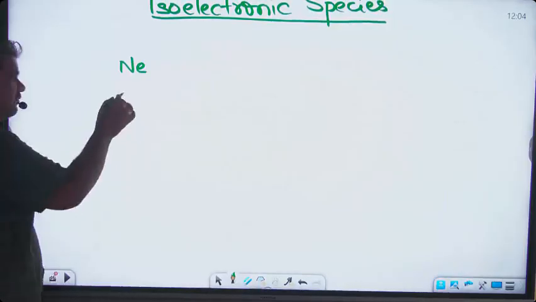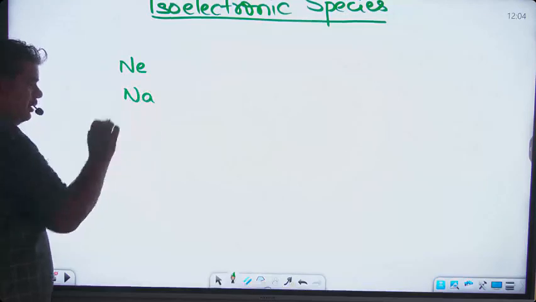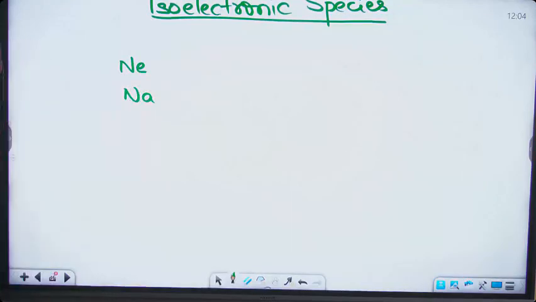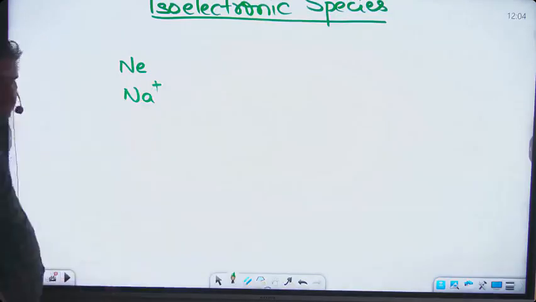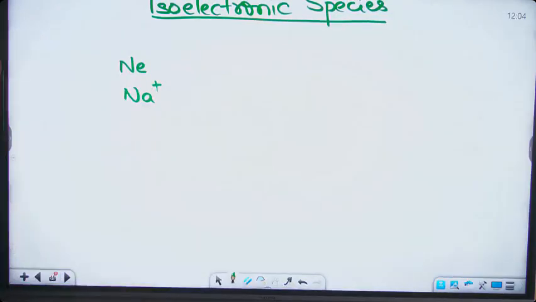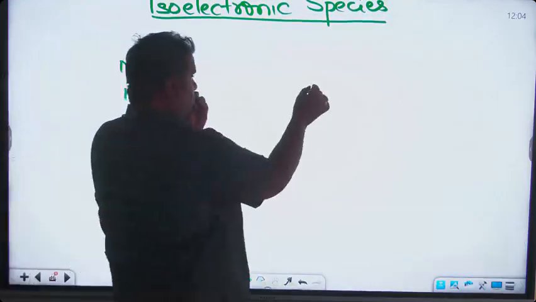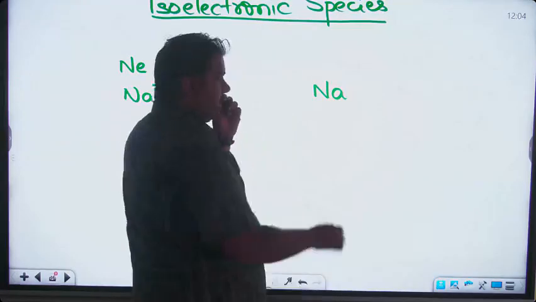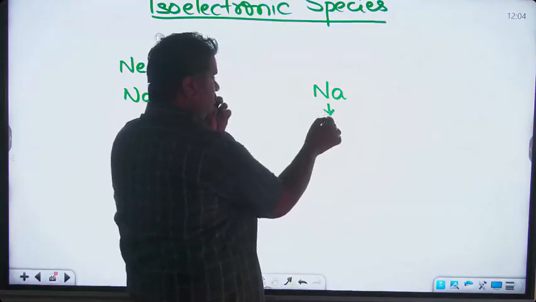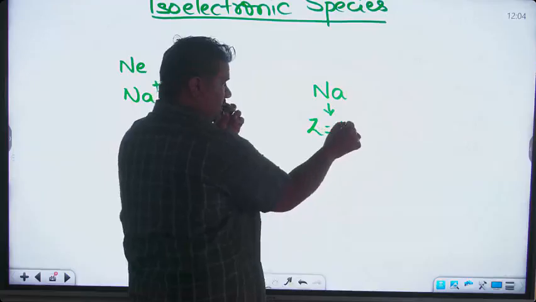Now suppose you are talking about Na, the number of electrons is 11. Suppose I write Na plus. What is the difference between sodium and sodium plus? In the case of sodium, the atomic number is 11.